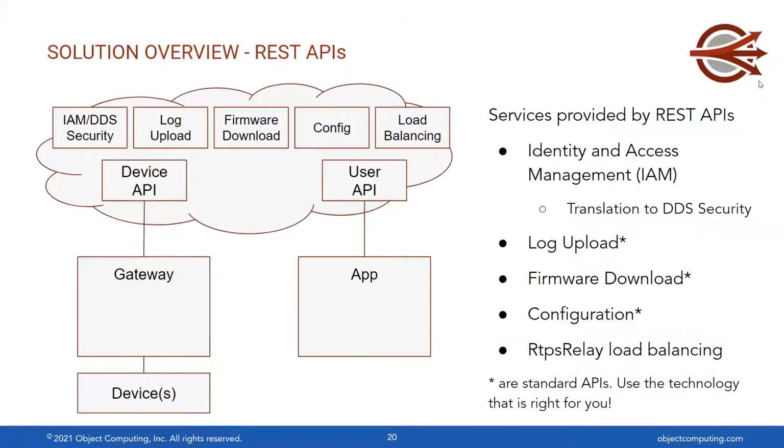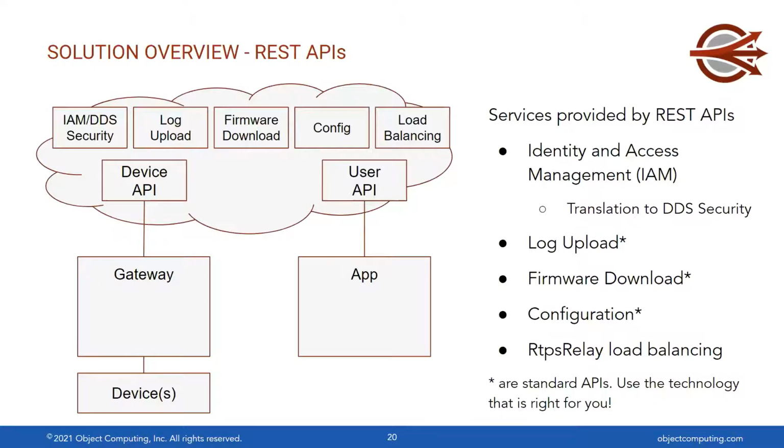In that particular case, we've really focused on the triangle of just allowing the app to talk to the gateway. However, there are other APIs, and in particular REST APIs, that we may want to produce for our app and our gateway. First, there's going to be an identity and access management, IAM, system to support the gateway and the application.